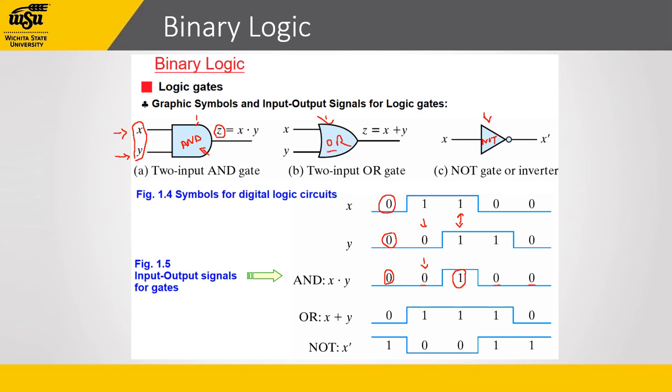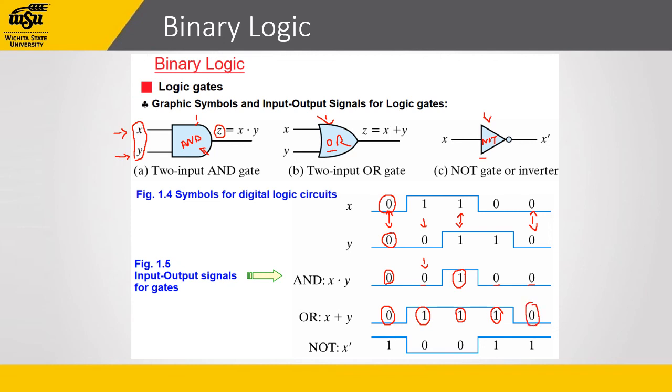For the OR gate, if we have input signals both equal to 0, the output is 0. If either x or y is equal to 1, our output signal will be 1, and only if both are equal to 0, we get 0.